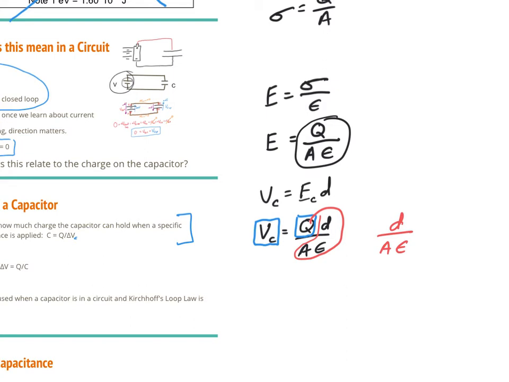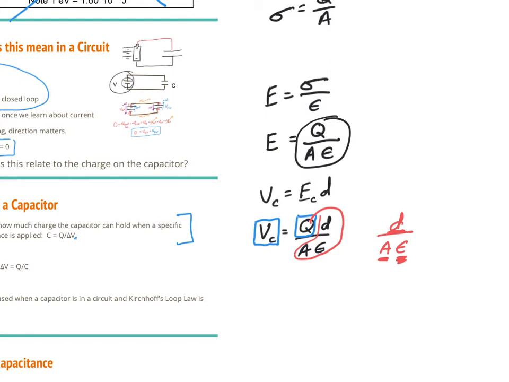Each plate has a specific area. Those plates are separated by some distance. And for permittivity, you can put stuff between the two sides of the capacitor to change the permittivity in the region. And there's a slide on that later.